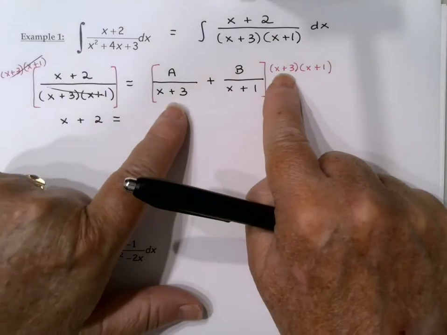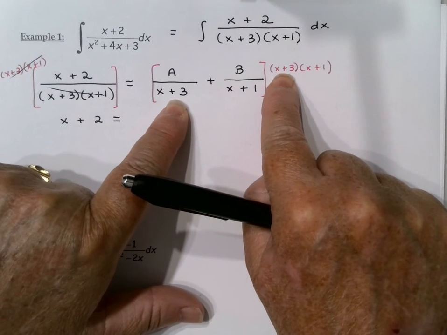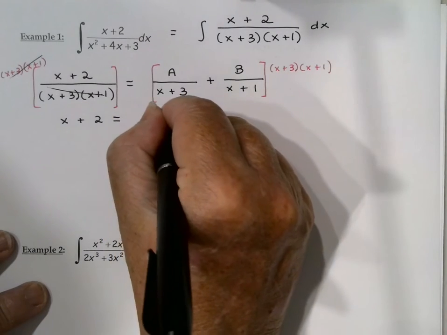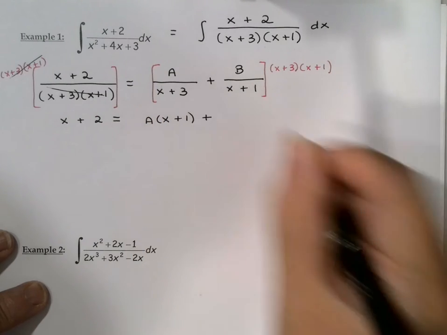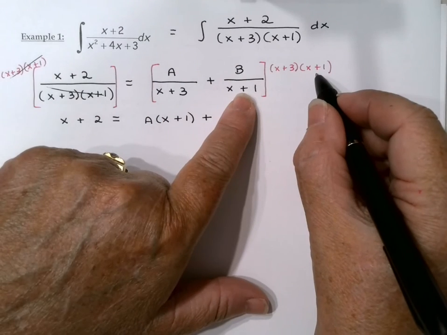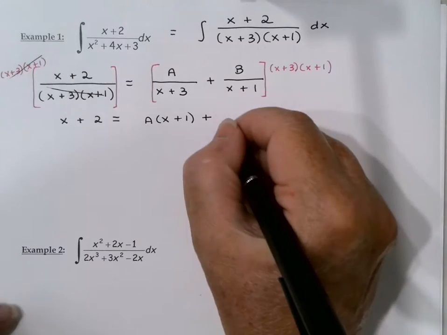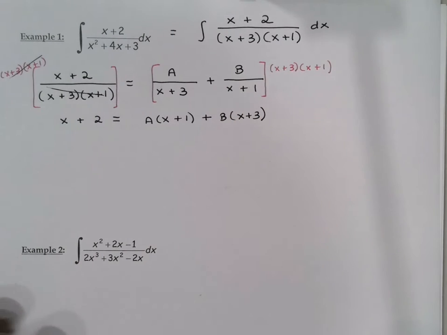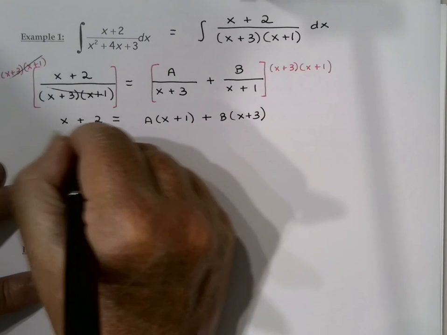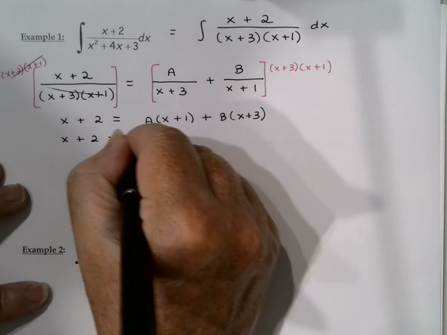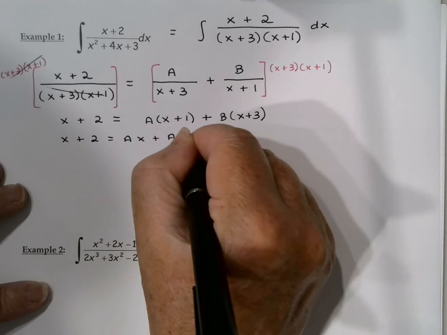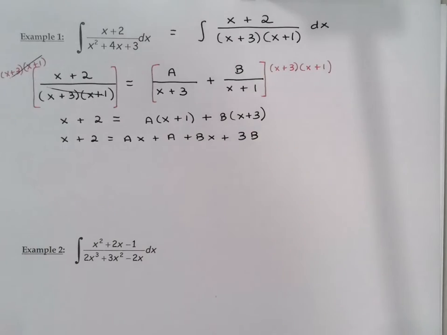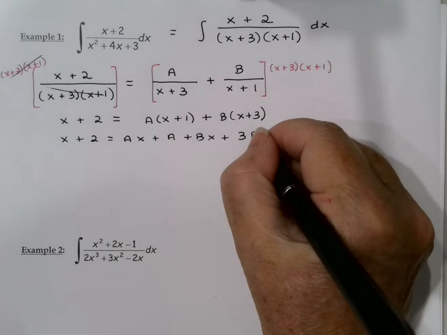On the right, in the first fraction, I can reduce the x plus 3's, and I'm going to get a times x plus 1. Plus, in the second fraction, those x plus 1's would divide out, and I'll get b times x plus 3. Go ahead and multiply out the right-hand side there.